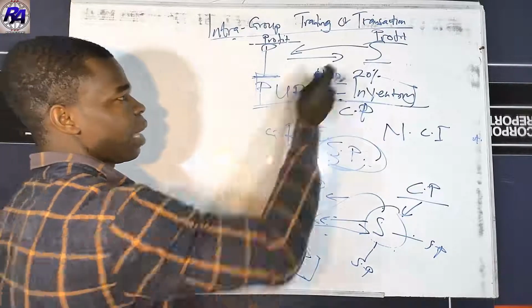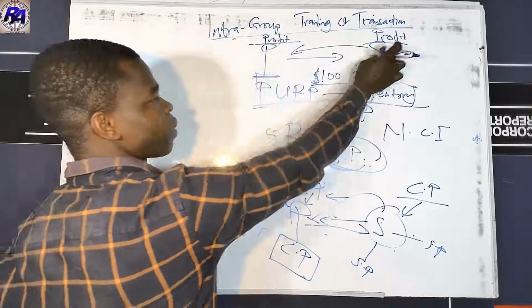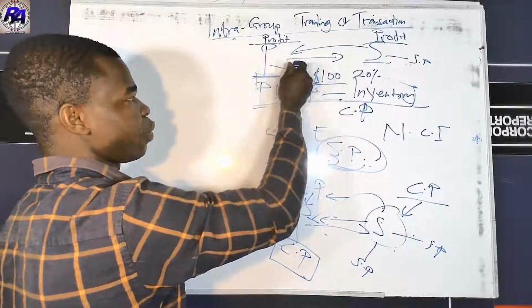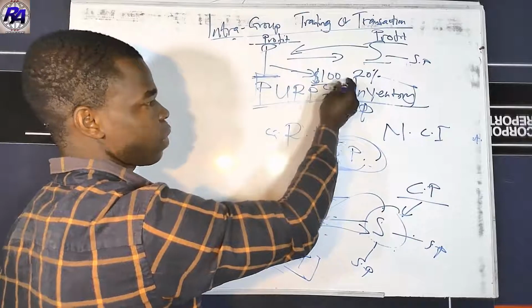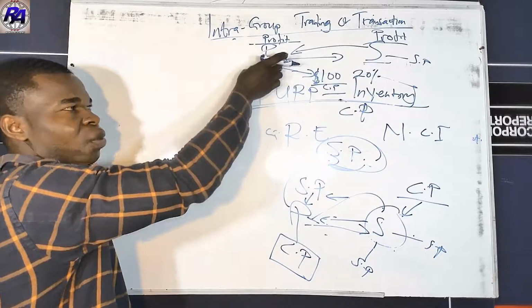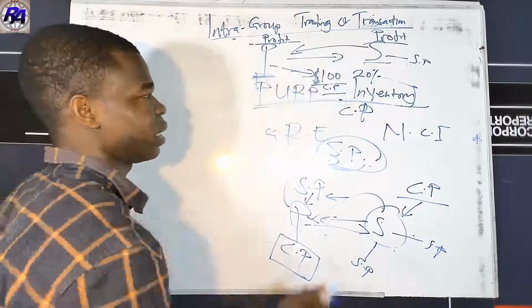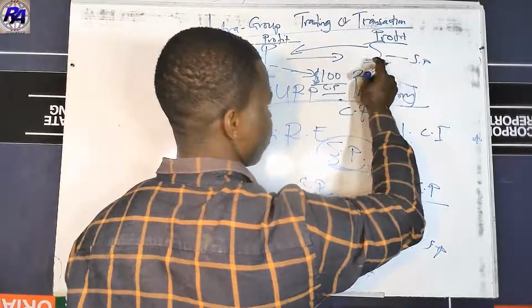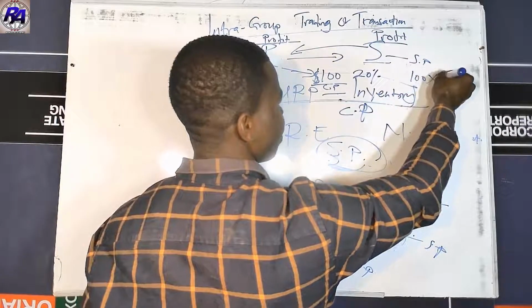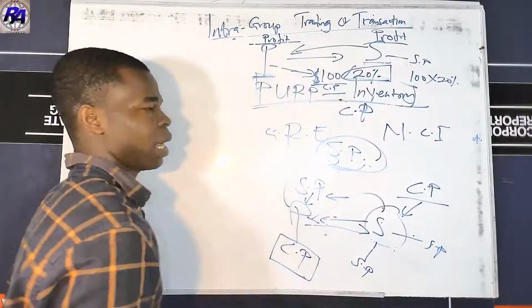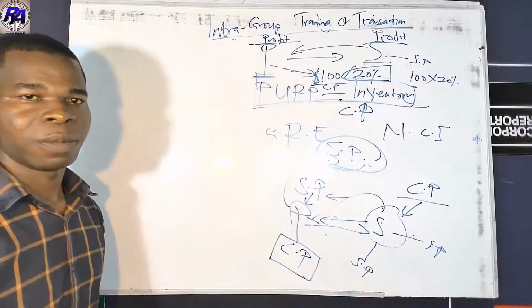You see, X is selling to P, so X will sell at a selling price, and then P will see this amount as a cost price. We are told that this amount costs P. So since they are saying that this amount costs the buyer, this value should be seen as a cost price. So to determine your profit element, it is going to be the 100 multiplied by 20%, because this percentage given to us was a markup.